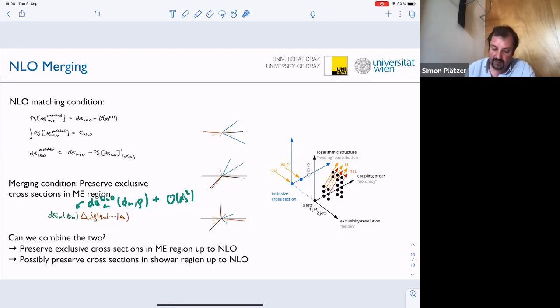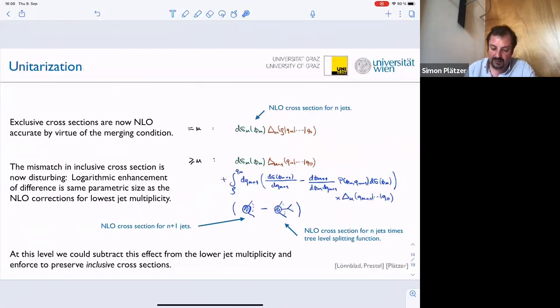Now, if things work in the right way, then surely what we should be observing is that we get the next to leading order cross section back. But then there's a problem appearing in the second jet multiplicity, and this is something which one then needs to worry about. And this is again connected to what we've been looking at before, the question about exclusive and inclusive next to leading order cross sections.